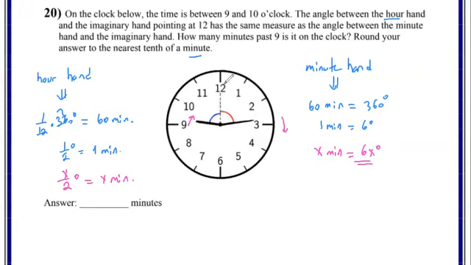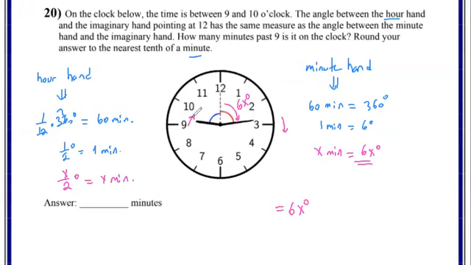But the question says this degree and this degree are the same. In x minutes, we are going to have 6x degrees of movement. So this angle from here to here is basically 6x degrees. I can write that one: 6x degrees.